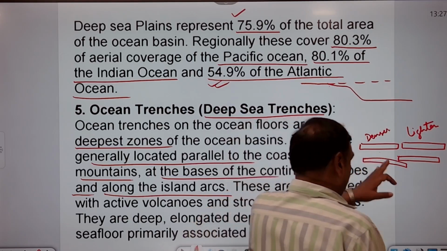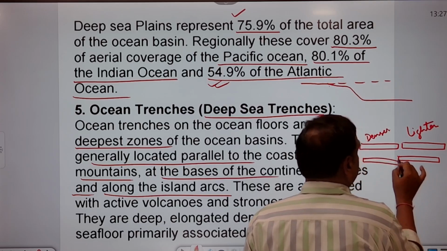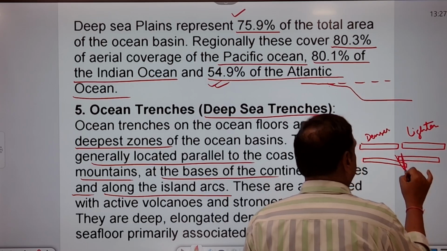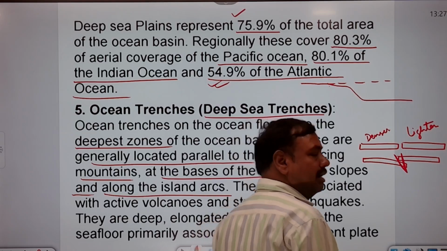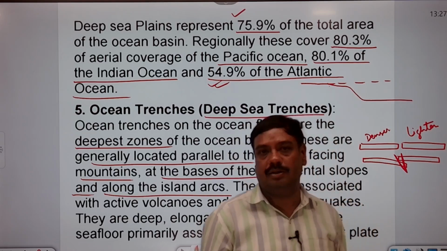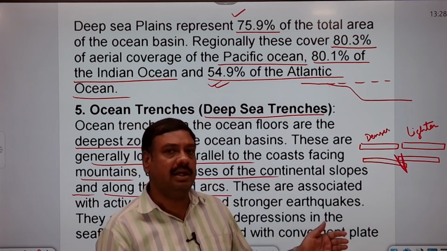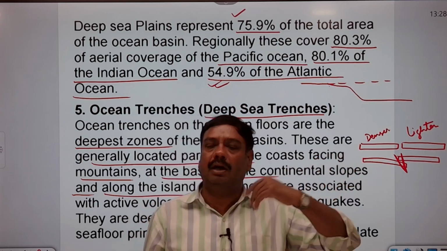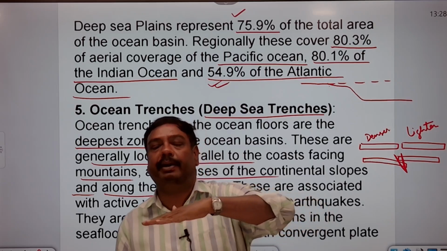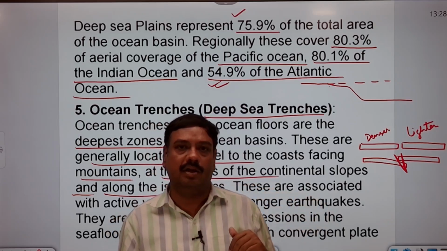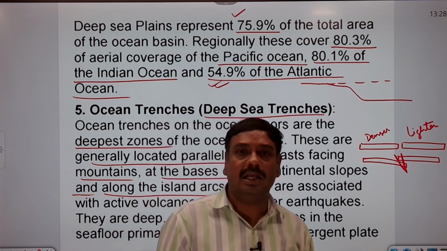The portion where the denser plate is moving beneath the lighter plate becomes a deep part, which can be taken as the trench here. So, wherever in the world a plate is converging towards another plate, a deeper part is formed there, and that deeper part has been called a trench.